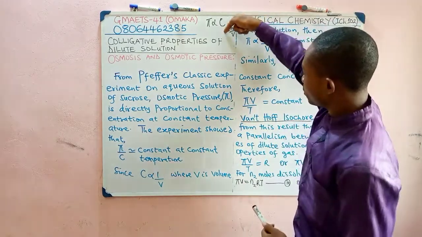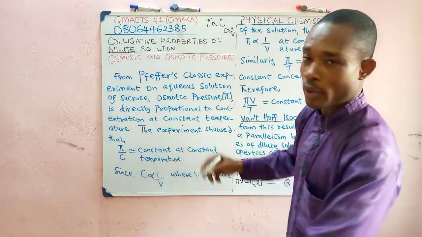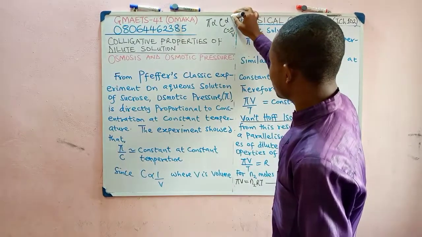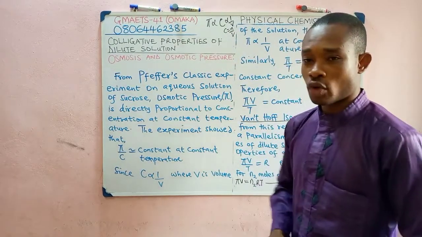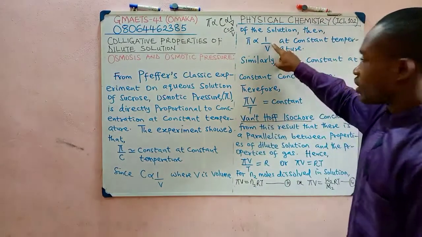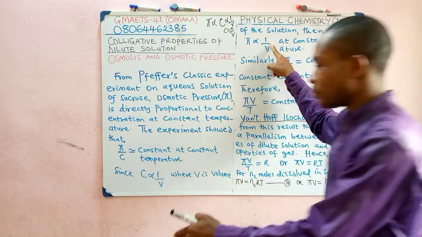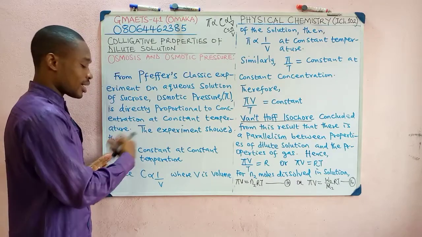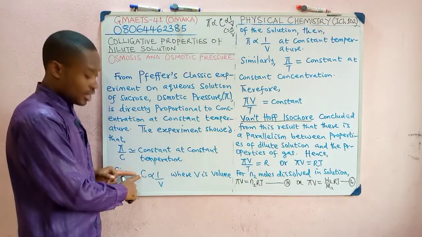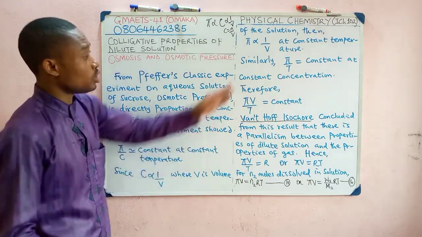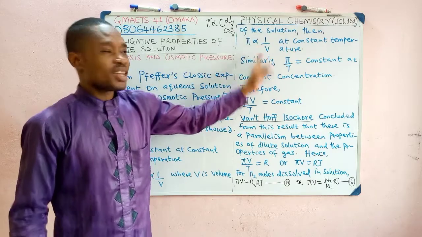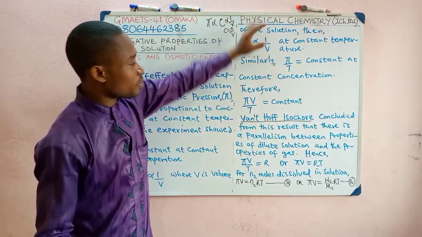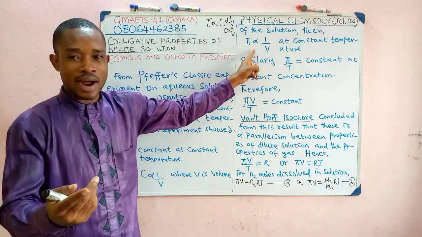So you can see the relationship between concentration and volume: inversely proportional. So I can write this as concentration inversely proportional to volume. And that will give us this. Judging from the fact that the experiment showed that osmotic pressure is directly proportional to concentration, and then we know that concentration is inversely proportional to volume, so we'll have this. Now you see that this relationship can help us cross multiply. I hope you know that, right?